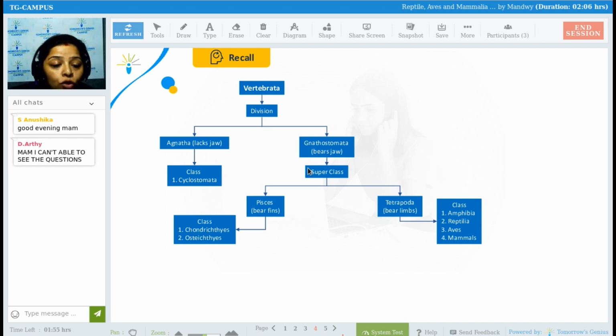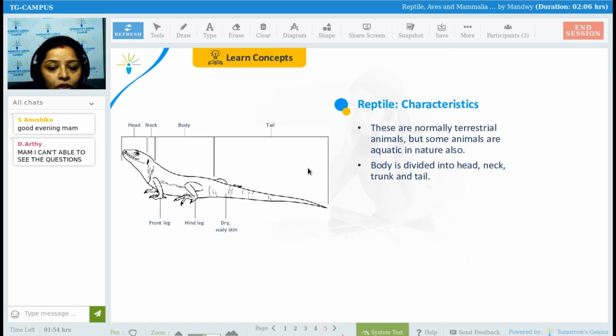Gnathostomata is divided into two superclasses, Pisces and Tetrapoda. We have already discussed Pisces. Tetrapoda are four-limbed organisms, and in that we have already discussed Amphibia. So today we will cover the remaining three classes, Reptilia, Aves and Mammalia. Let's start with the Reptilia.